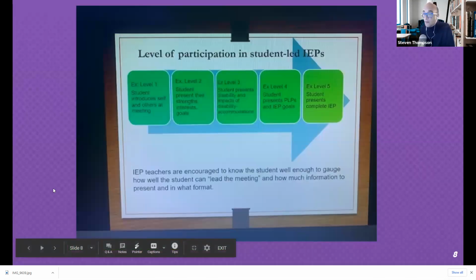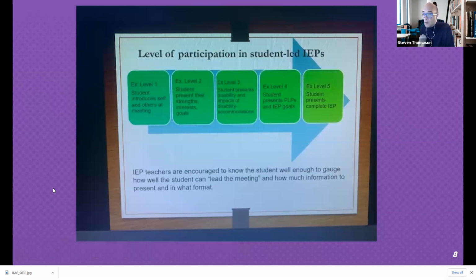Okay, so first of all, there are several levels of student participation, and we can find out what level of participation your students are ready to participate at. So there's 5 levels. Level 1, they can simply introduce themselves and others at a meeting. A level 2 is a student can present their strengths, their interests, and their goals, which is a PLP.